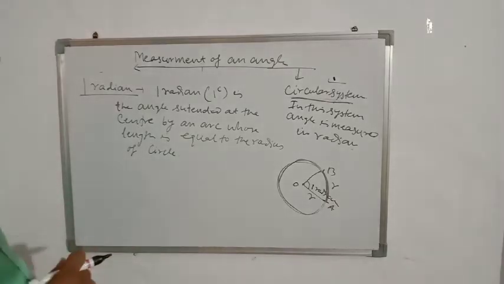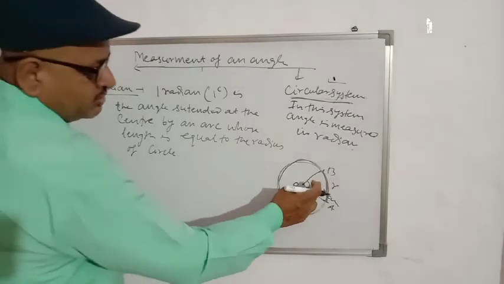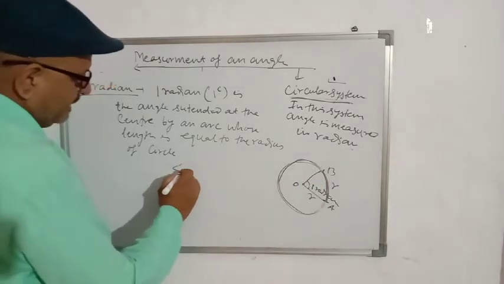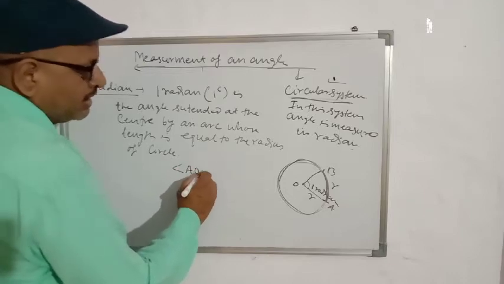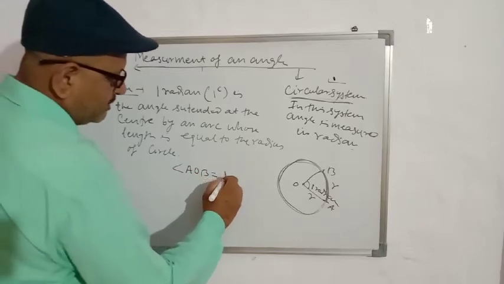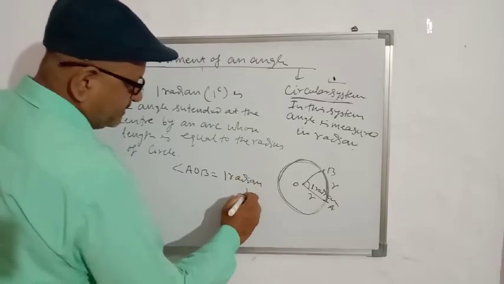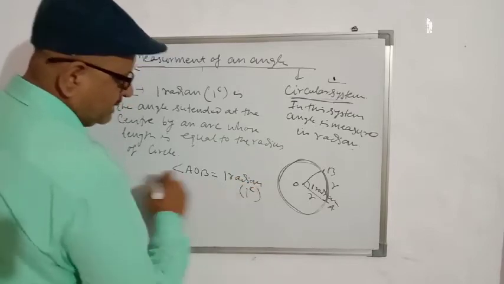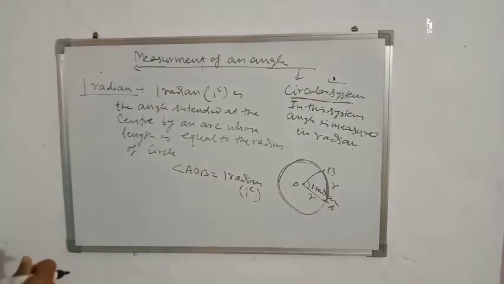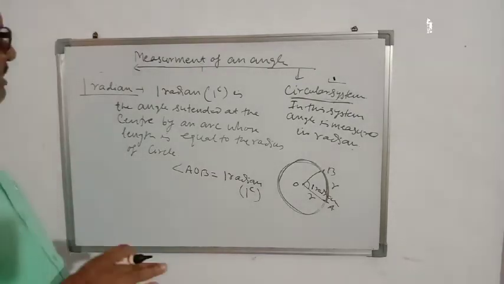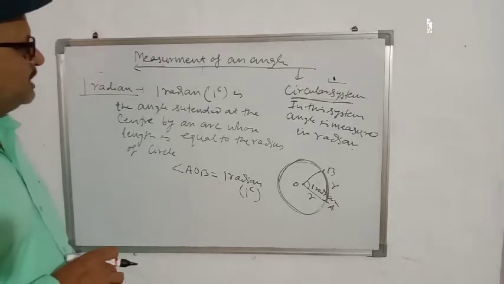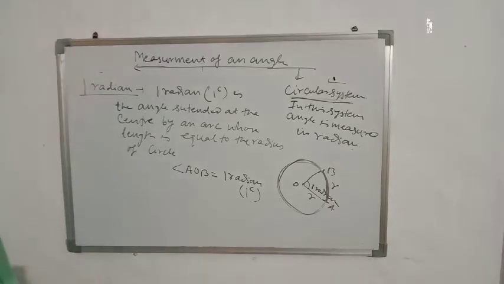So from the figure we can write angle AOB is equal to 1 radian. It is denoted as 1C. So this is the third system in which angle is measured.